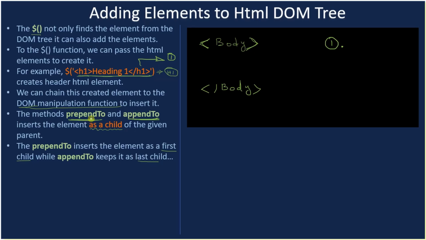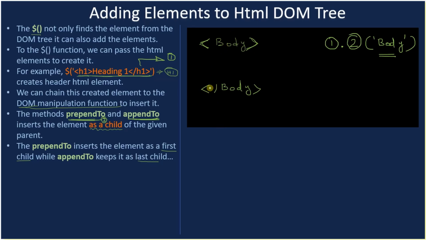Say for example, let us use prependTo. If you make a call to prependTo on this newly created h1, to that prependTo we can pass body. So this will establish the relation. Here prependTo will search the existing document and find the body tag, which is located in the DOM tree.